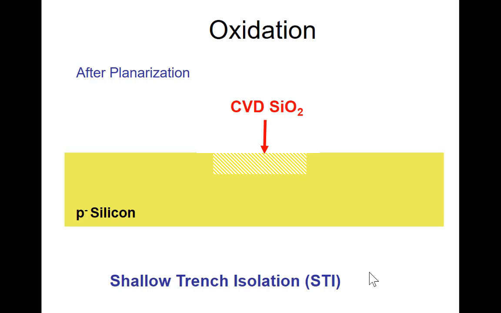Any questions on how we put dioxide on it? Just a question on what the CVD stood for. Chemical vapor deposition. Last Friday we said that there are several methods to deposit materials on top of the wafer. One is physical deposition, another is chemical deposition, and chemical vapor deposition is very widely used.